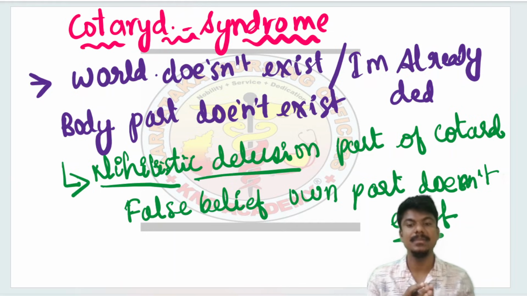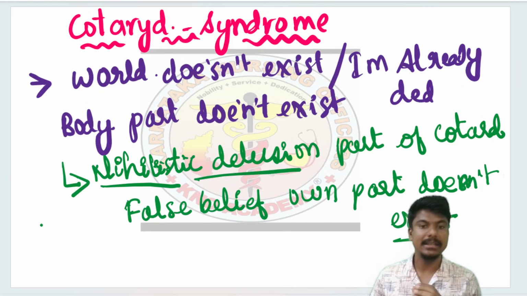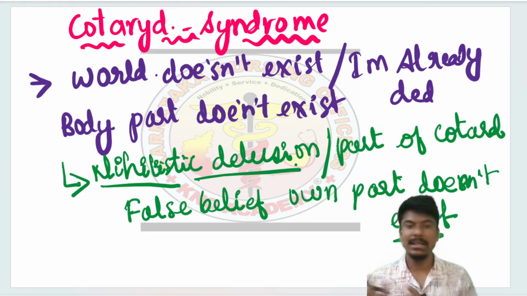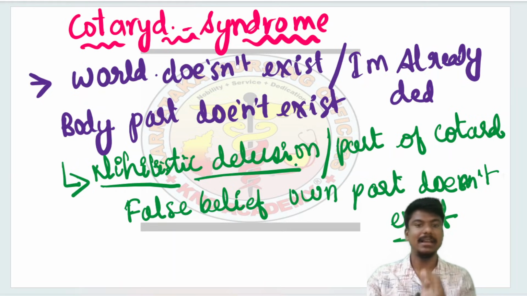The person falsely believes that his own body parts do not exist. So what do you mean by nihilistic delusion? The person falsely believes that his own body part does not exist.